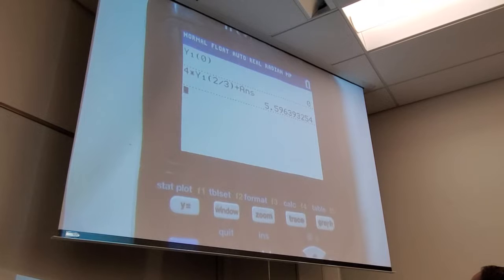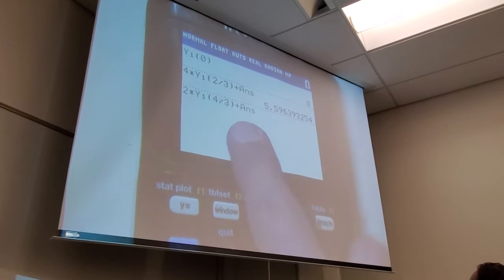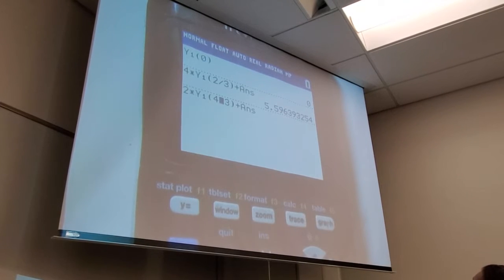Bam. Okay, interesting. So now I'm here, right? So now I want to do, and again, this is up to you guys, second enter. What's the next one? 2 times f of 4/3. So if I just keep that plus answer, it just keeps adding that.